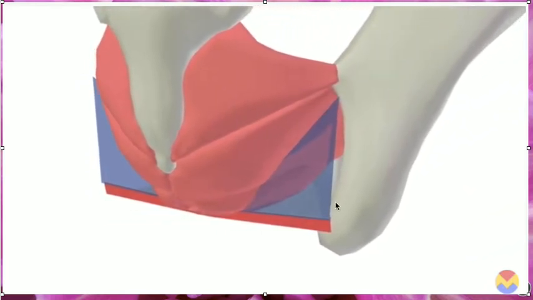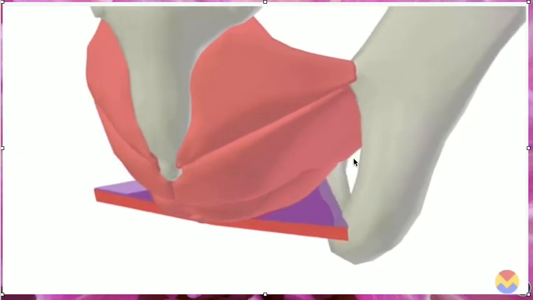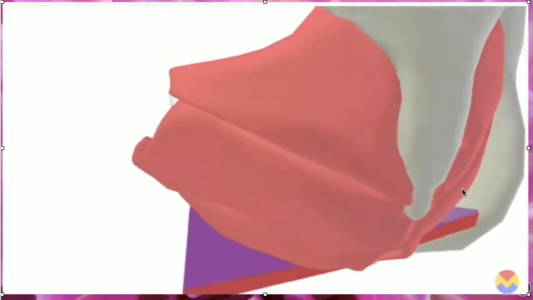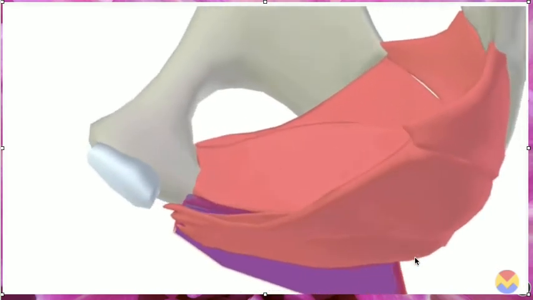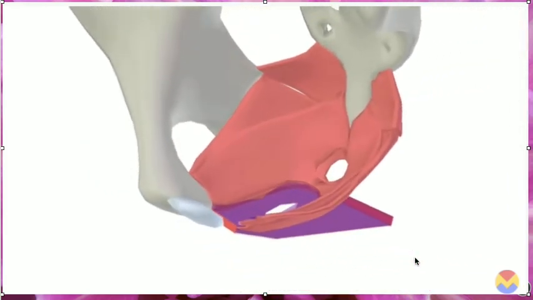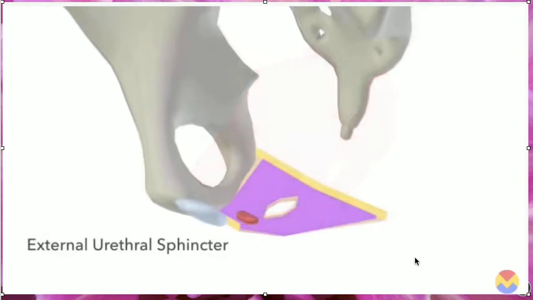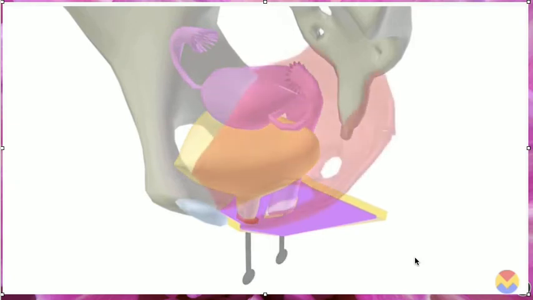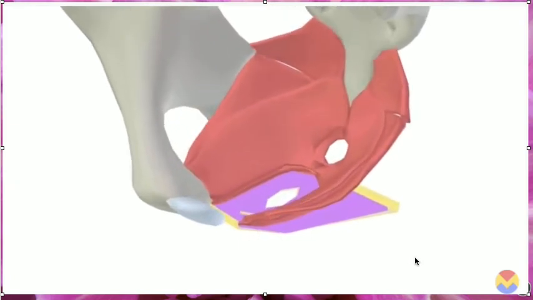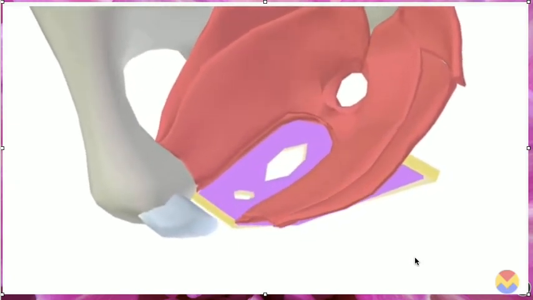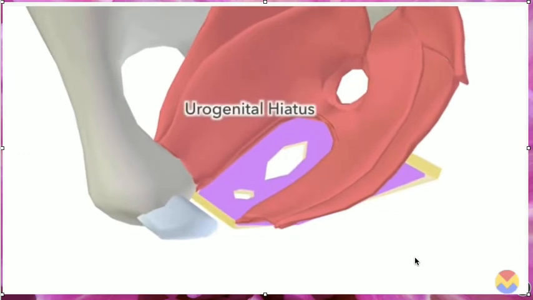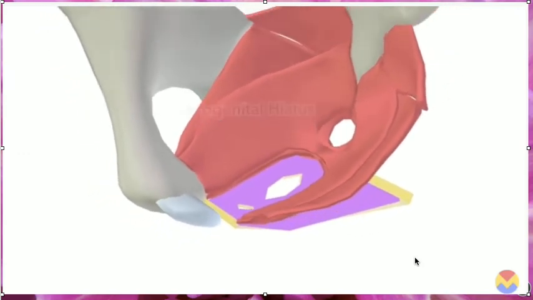You can see the lateral boundary is formed by the obturator internus muscle covering the obturator membrane. This is the external urethral sphincter, and we have the openings for the urogenital organs in this perineal membrane. This is called the urogenital hiatus.